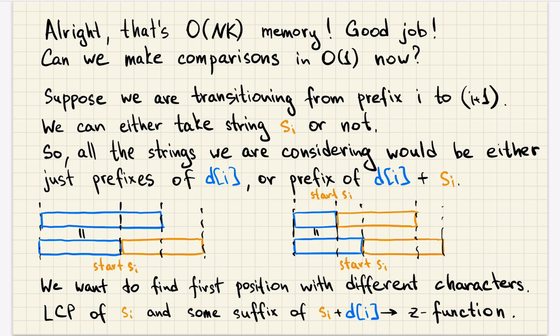Okay, cool. So all our queries are to find the LCP of whole s_i and either some suffix of d_i or some suffix of s_i. Or we can just say that it is a suffix of s_i plus d_i. And we need to answer a constant number of such queries, just one here or two in this case.